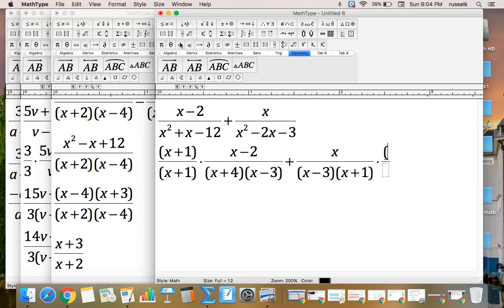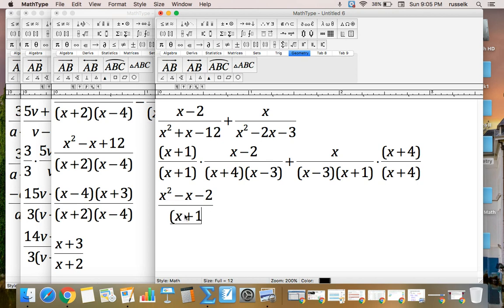And I would multiply the second one, top and bottom, both by x plus 4. In the top of the first one, we've got a FOIL, so we'd get x squared and then minus 2x plus 1x would combine to give me a minus x in the middle, and then minus 2 for our last term.